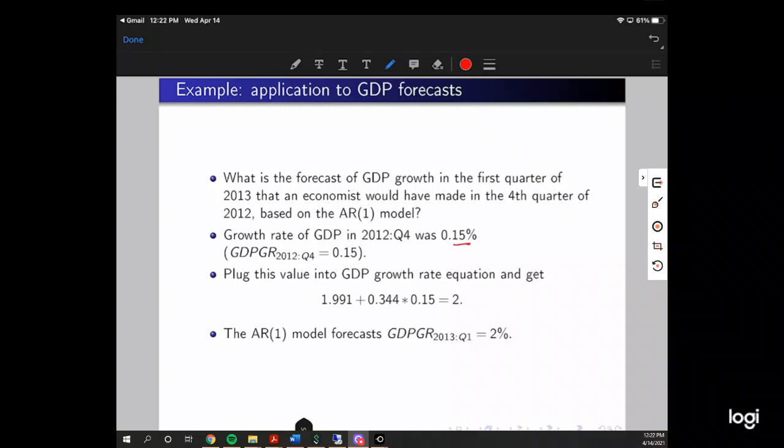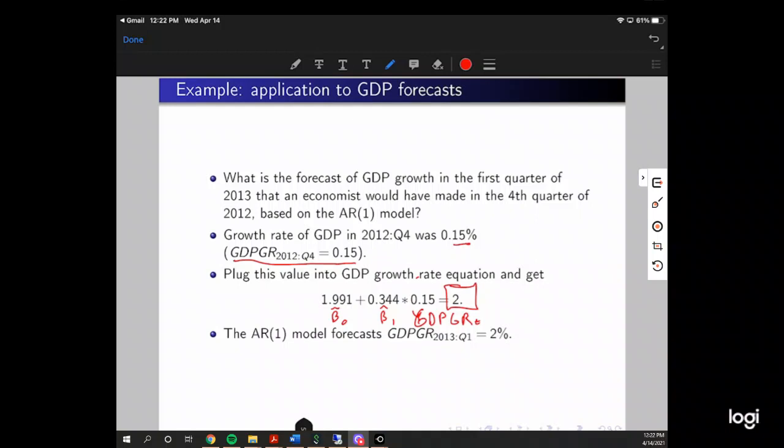We can plug this value into the GDP growth rate equation that we had on the very first slide. These were the coefficients, beta hat 0 and beta hat 1, and this is GDPGR in time period t. So we're plugging 0.15 into this model and getting a predicted value.